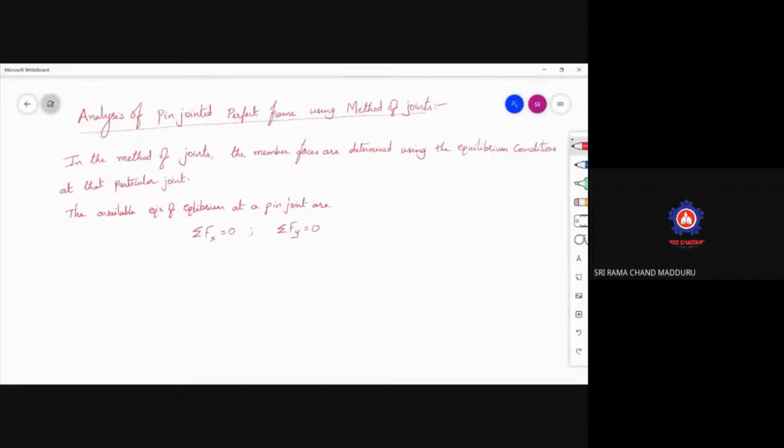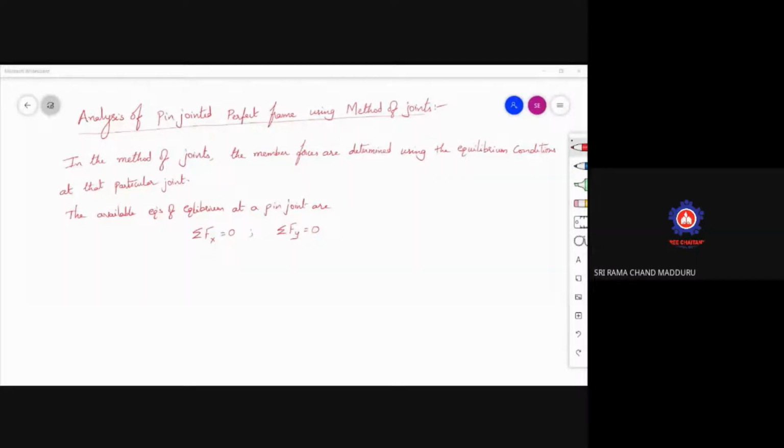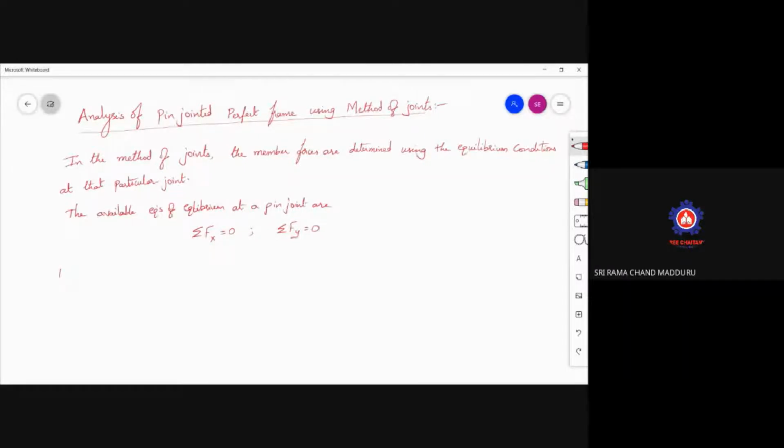The members will be subjected to axial forces only. As they are subjected to axial forces, inside the members the bending moments are zero. That's why the available equations of equilibrium at a pin joint are two: sigma fx is equal to 0, sigma fy is equal to 0. The procedure is as follows.